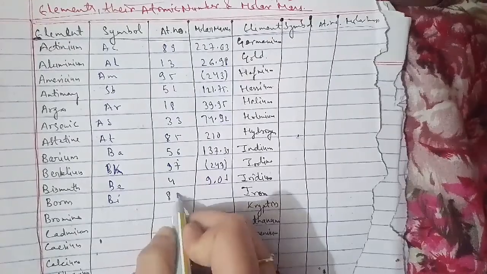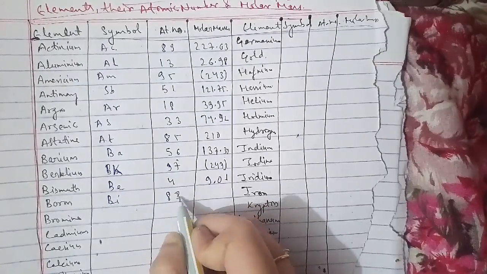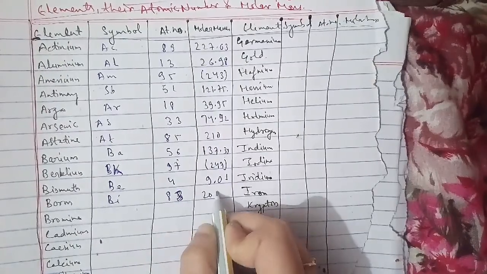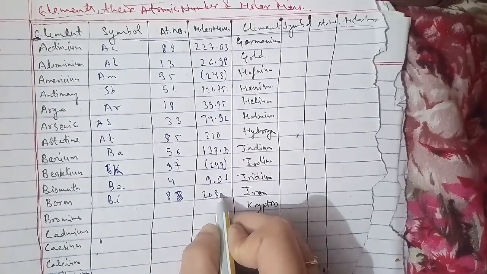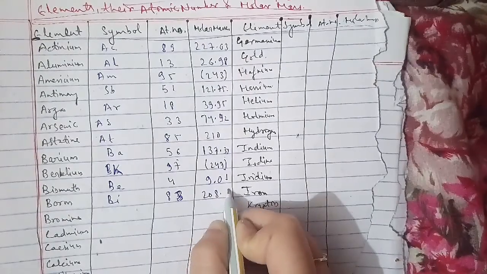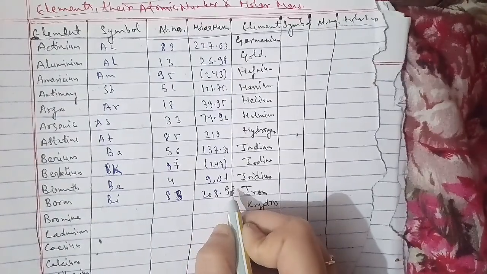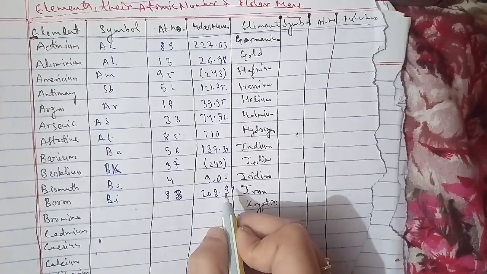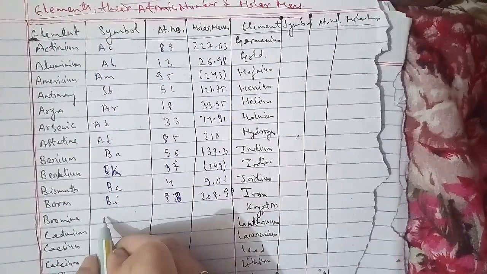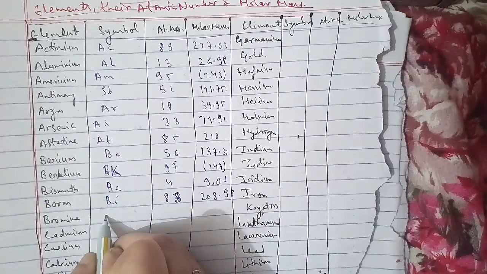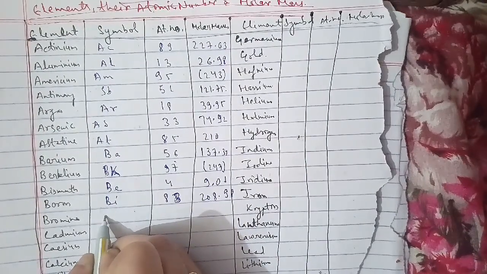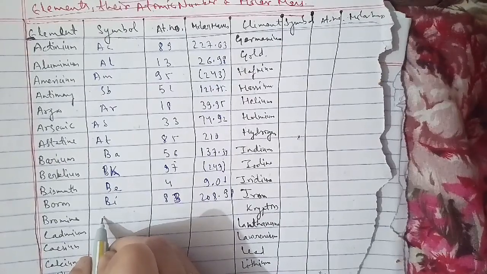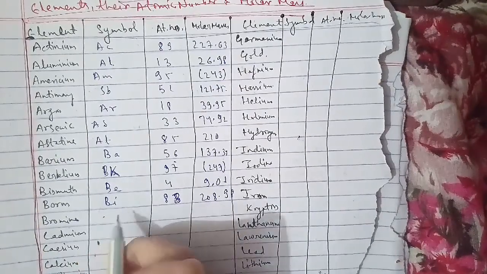Okay, then berkelium is done, then beryllium I had added, sorry for that. Beryllium comes after this, then bismuth. So this is here, it is for beryllium. Okay, and for bismuth is this one. Okay, that is what we have.